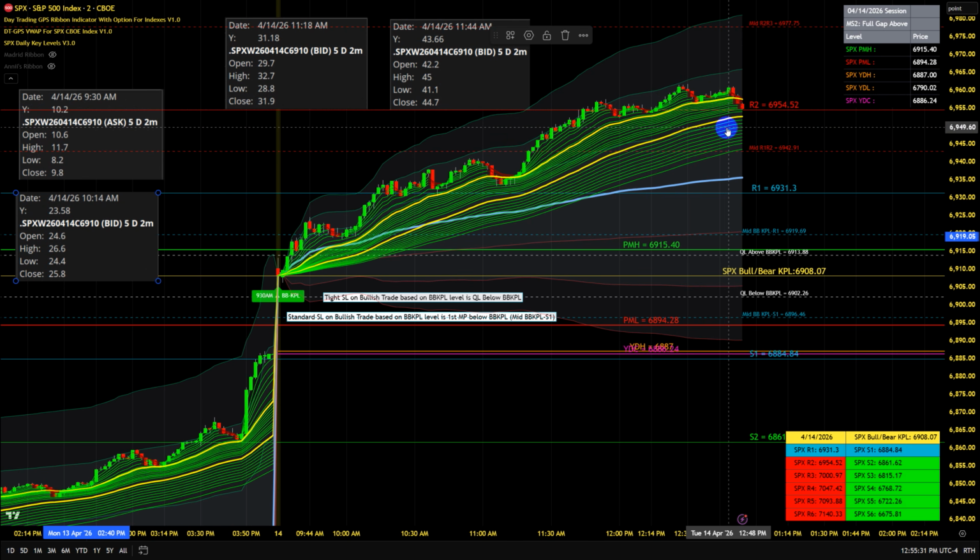But if we did, and there was a close below R2, then a two-level move would be back to the bull bear key price level. That would be the minimum ideal move. 1.5 level move in your favor, down to this level here.